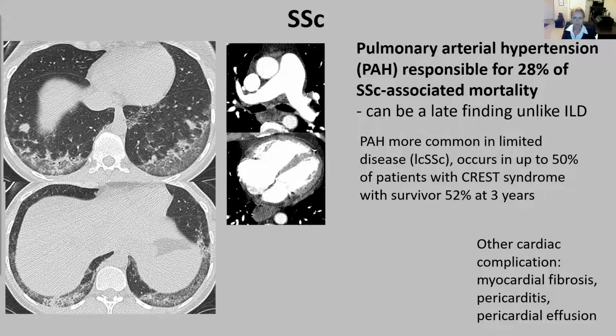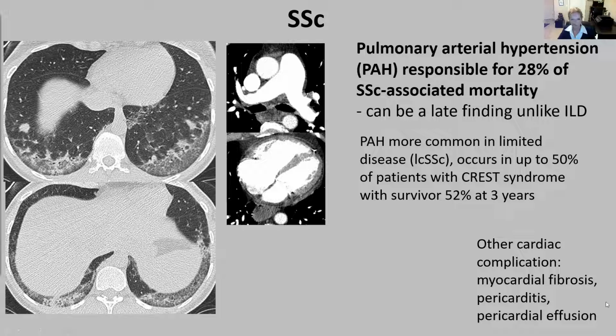ILD, interstitial lung disease, is usually present at the diagnosis or develops early during the disease. Often this may stabilize with time. However, pulmonary arterial hypertension is the late finding. It happens later during the disease, creates very poor prognosis, and it's important to report findings that suggest this.